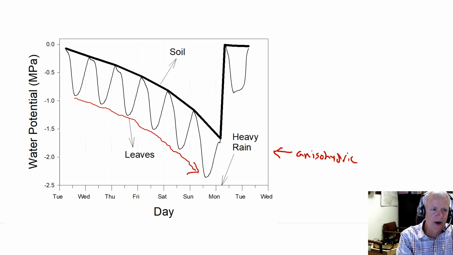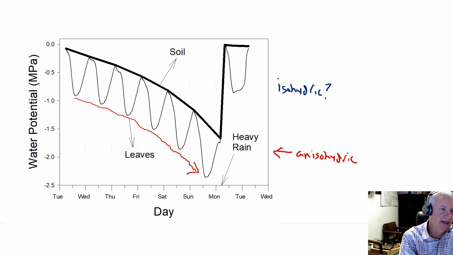So what would an isohydric response look like? Let's draw isohydric in blue. So let's say we had an isohydric plant.